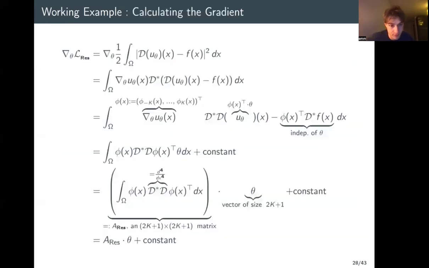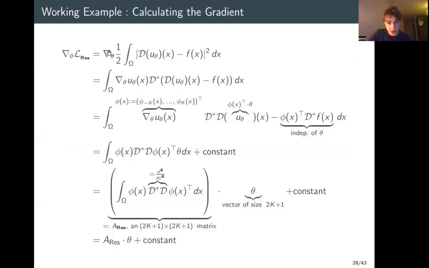So this is what we're going to do in this mathematically heavy slide. But I'm not going to go into the details, just so that you get a sort of gist of what I'm talking about. Maybe it's interesting to see the equations.